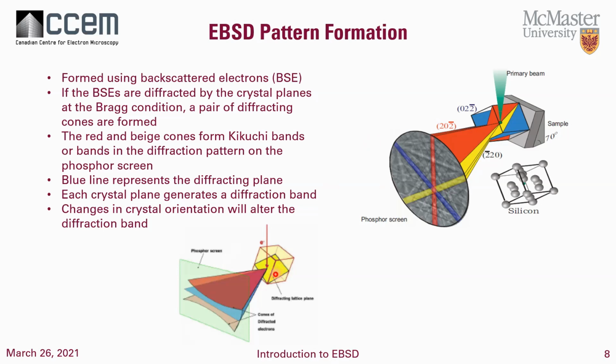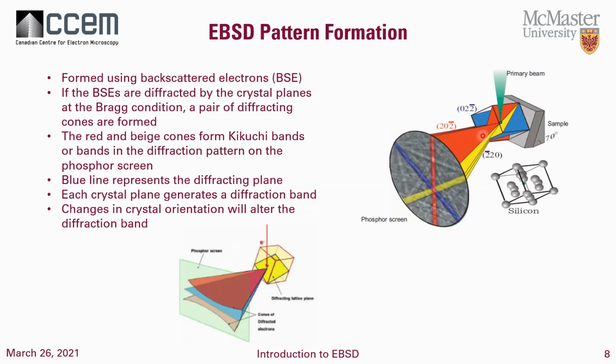So if you look at the bottom illustration, you can see there's a red and a beige cone here, which represent the diffraction coming off the particular unit cell we might be looking at. And the blue line represents the diffracting plane. So based on these cones will form the edges of these bands.